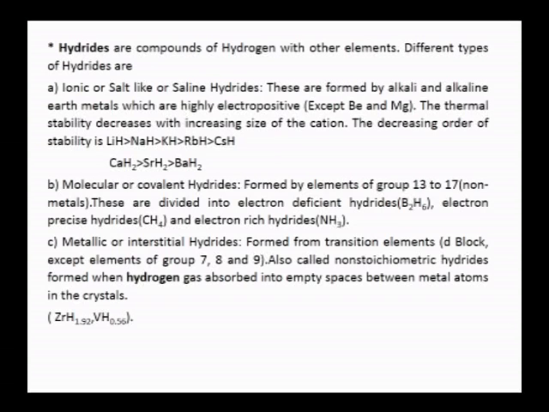Hydrides are the compounds of hydrogen with other elements. We have different types of hydrides. The first one is ionic, or salt-like, or saline hydrides. These are normally formed by the reaction of alkali and alkaline earth metals, I mean the elements of group 1 and 2, which are highly electropositive.